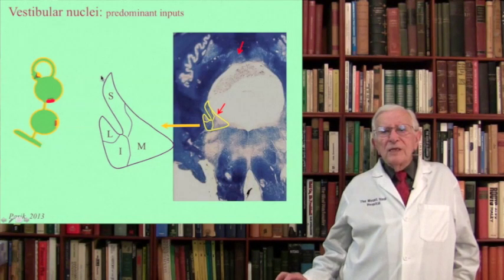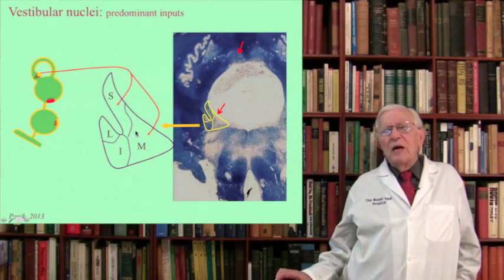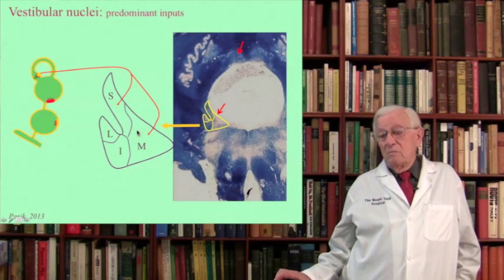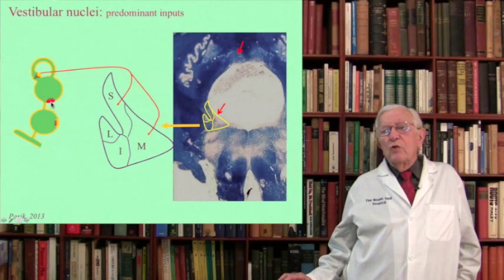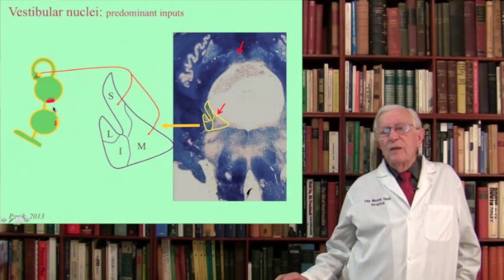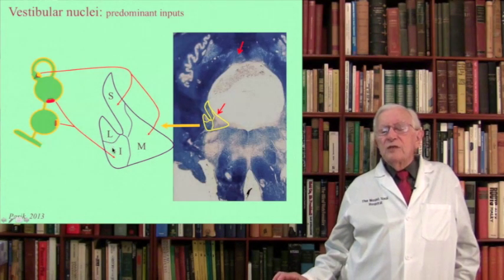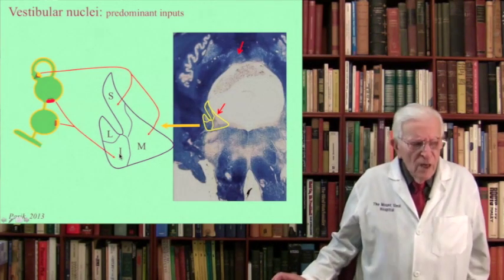Well, the semicircular canals, which you have here, will send influences that will terminate essentially in the superior and medial vestibular nuclei. That's easy enough. On the other hand, the otolithic organ, the macula of the saccule and the utricle, will mostly terminate in the inferior nucleus.